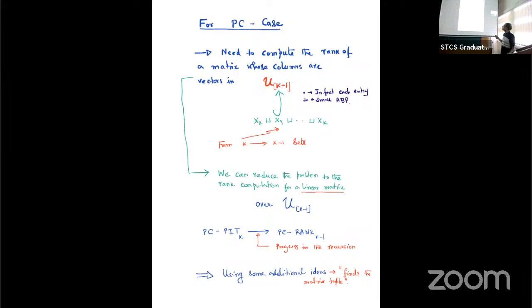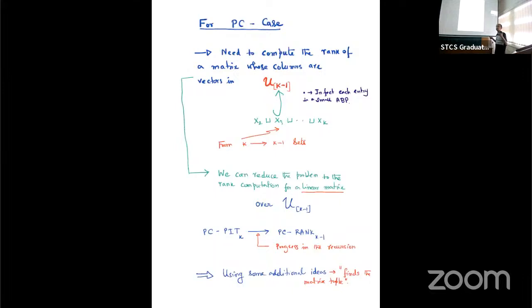When you are tackling this PIT problem over K buckets, you will be solving a rank computation problem for matrices whose entries are branching programs over K minus 1 variables.